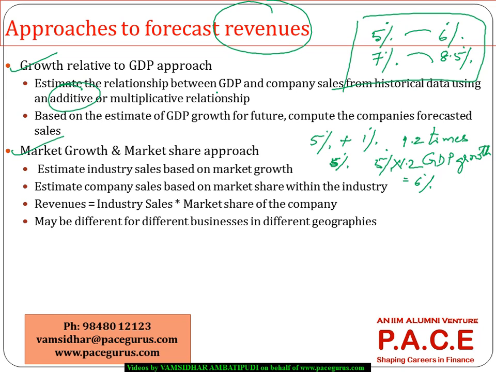The other, as I am saying, is the market growth and market share approach. So this is a proper EIC mechanism, economy, industry and company based mechanism. So first look at what is the GDP growth. Based on the GDP growth, don't estimate the company sales directly, you estimate the industry sales.